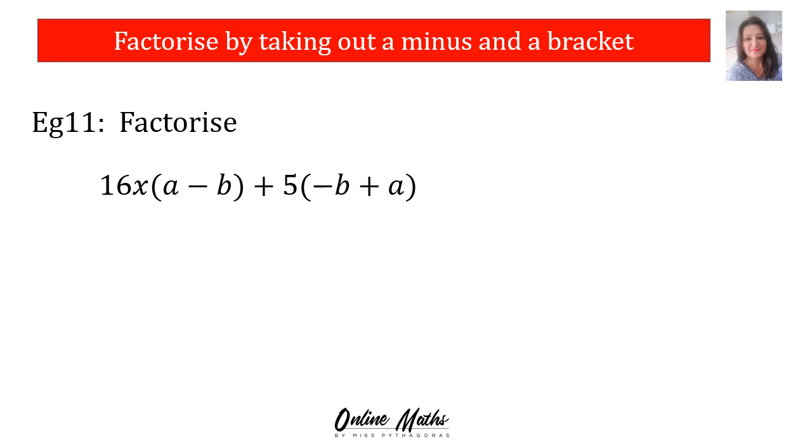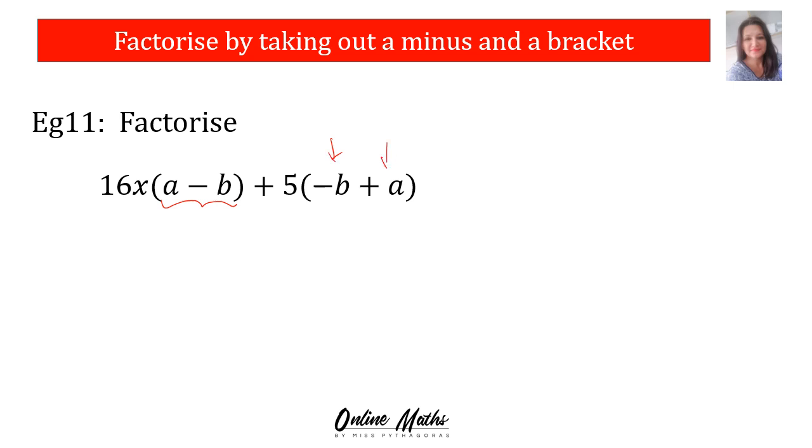Now on example 11, we will still factorize, but this is where I combined the two examples we did previously. We will factorize by taking out a minus and a bracket. Now when we go to the sum, 16x bracket a minus b, and then there's this plus 5, but now suddenly the bracket is b plus a.